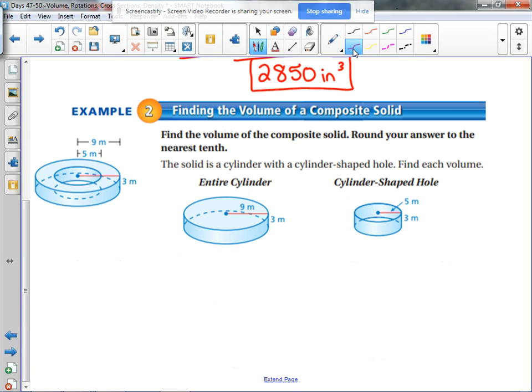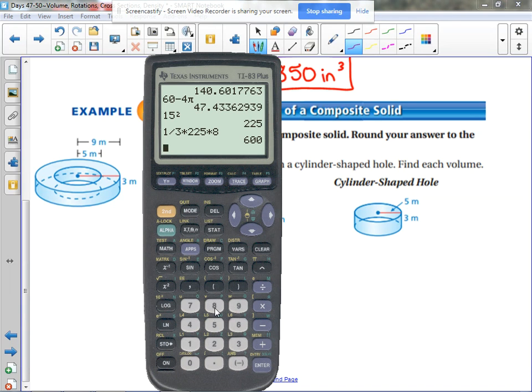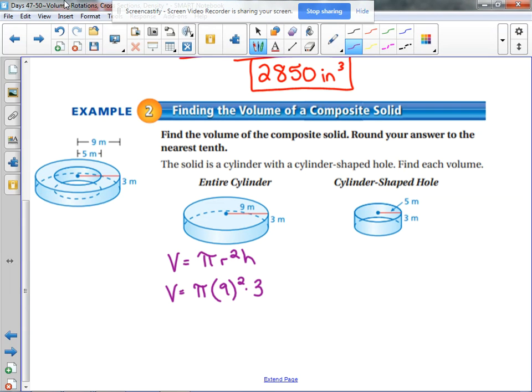So if we find the volume of the entire cylinder, volume of a cylinder, I'm just going to write in general terms first, pi r squared h. So the radius here is 9, and the height is 3. So we got 9 squared is 81. 81 times 3, I think, is 243. Yeah. Okay, so we've got 243 pi. We're going to leave it in terms of pi for the time being. 9 squared times 3 is what gave us the 243. And I stuck the pi on the end.